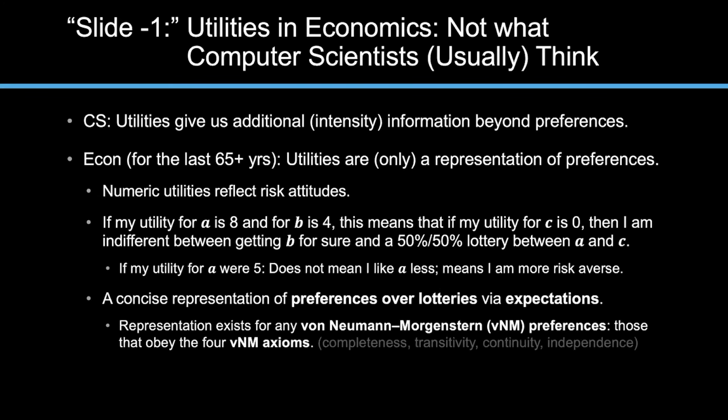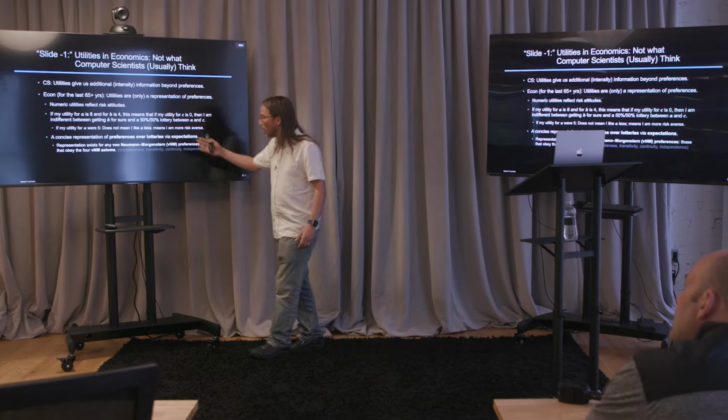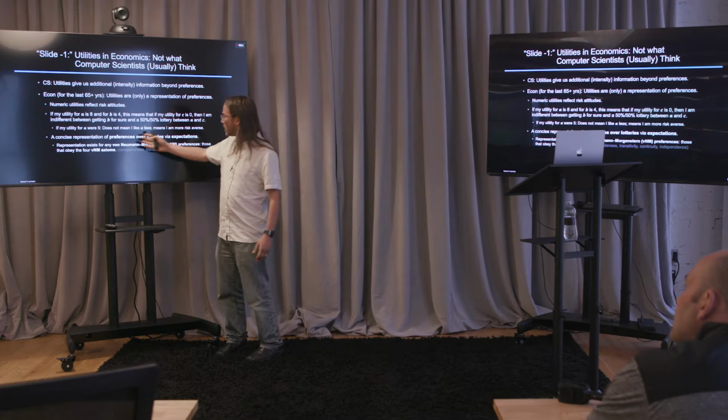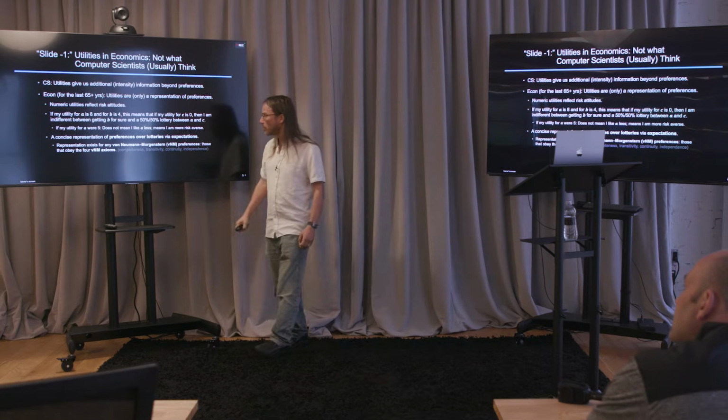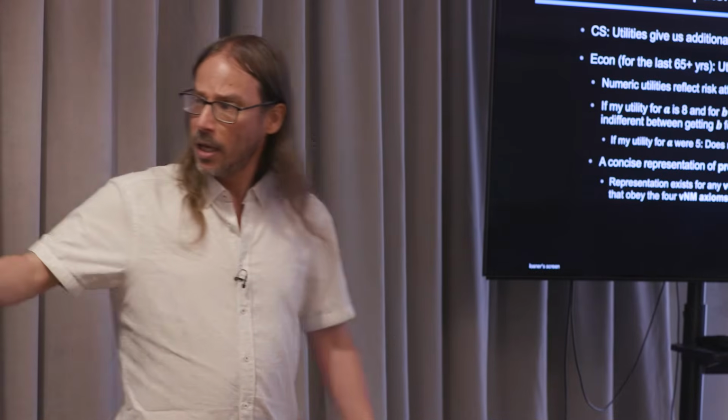Via expectations, we have a number for each pure alternative, and we evaluate a lottery by taking the expected utility and comparing to the expected utilities of other lotteries. And you might wonder when preferences have such a nice, concise representation. The answer is any von Neumann-Morgenstern preferences have such a representation. What are these?